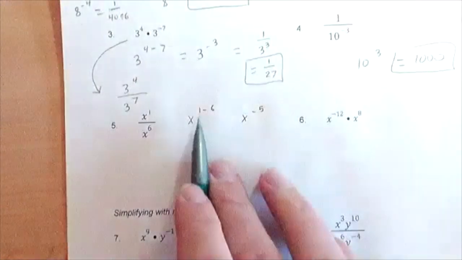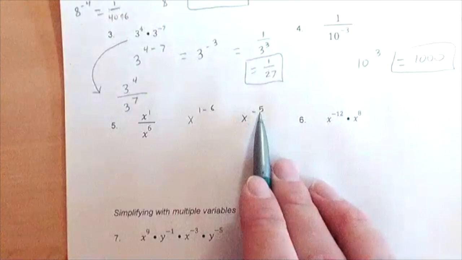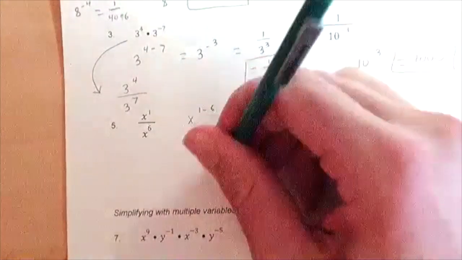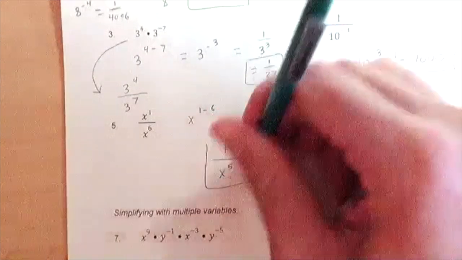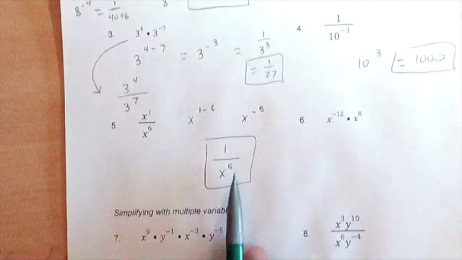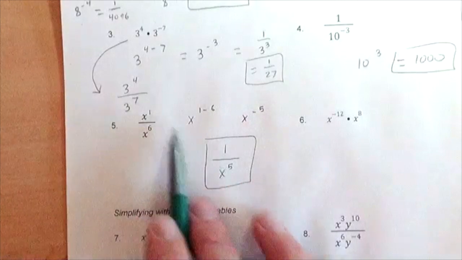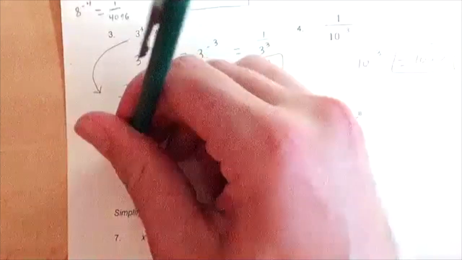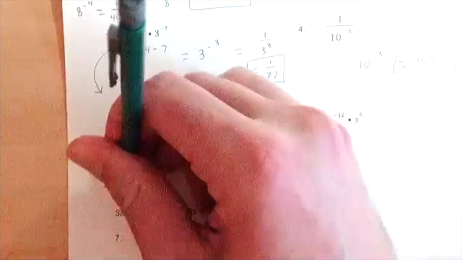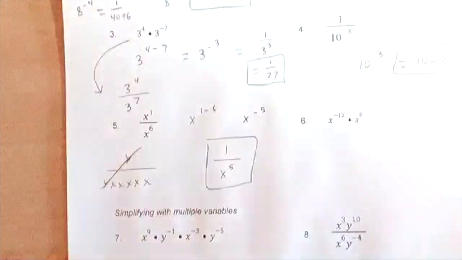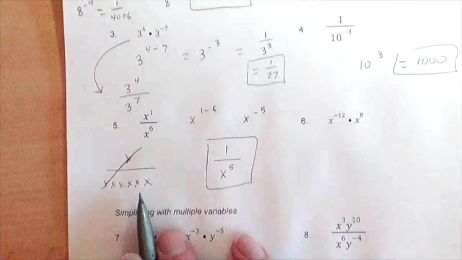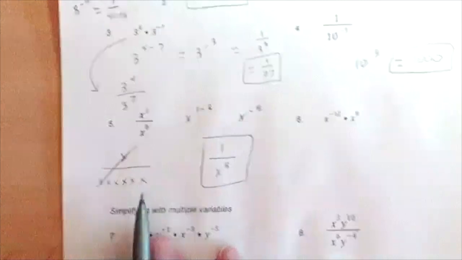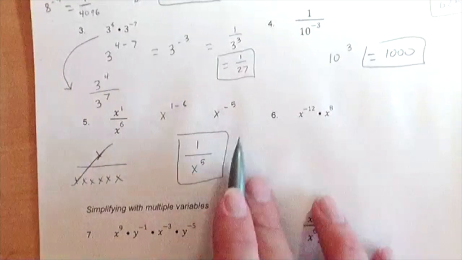You could use the math to get x to the negative 5, but we don't want to circle this negative 5. So we're going to flip it to the bottom of this fraction. So that's the answer. And you wouldn't have to even do this if you recognize that what's happening here is there's 1x on the top and 6x's on the bottom. One of them cancels out, leaving the number 1 on the top and 5x's on the bottom. So this is how you want to simplify.